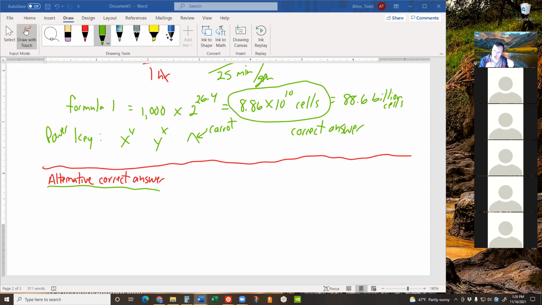It's mathematically correct, but it does not make any biological sense, because you cannot have living cells that only went through 4/10 of a generation. It's not going to work. Okay. So in such a case, 26.4, right? 0.4 makes mathematical sense, but not biological sense.